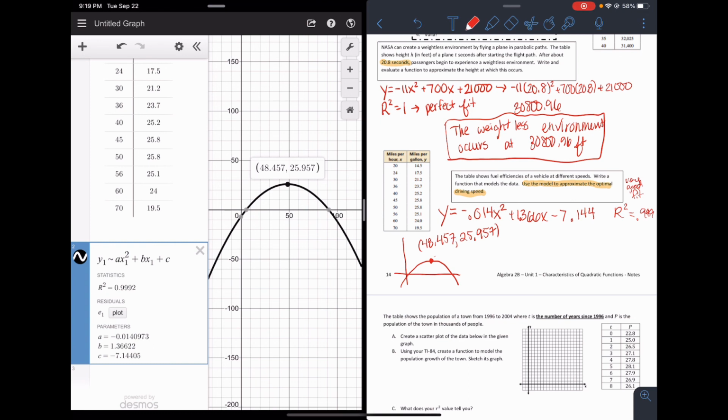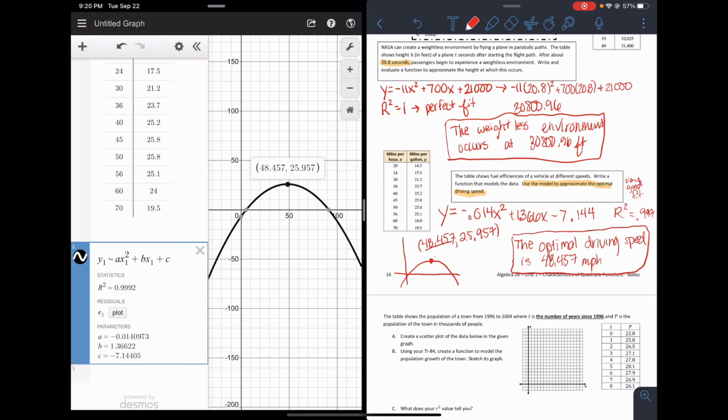Right? I want the driving speed, so that is the x value. So the optimal driving speed is 48.457 miles per hour. Right?